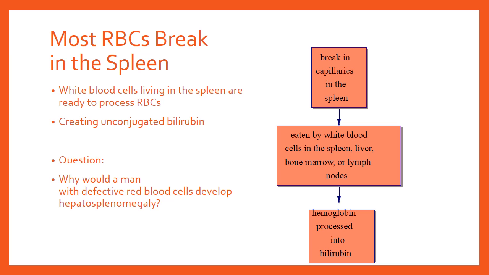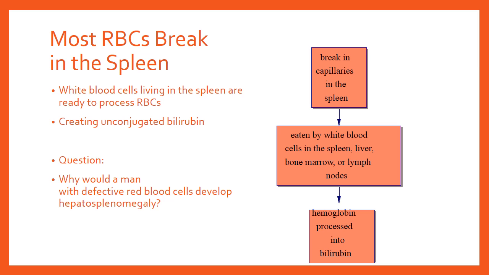Unconjugated bilirubin can also be produced in the liver, bone marrow, or even lymph nodes. Unconjugated bilirubin is actually a toxic form of bilirubin, and it has to be processed into the conjugated form that we all see in the bile.